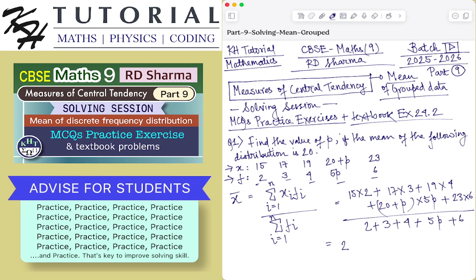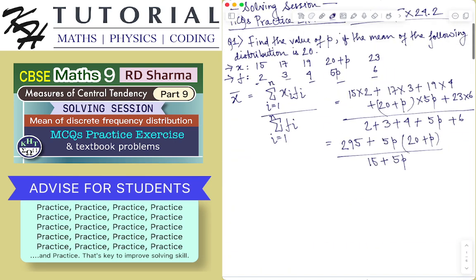So I have 295 plus 5p multiplied by 20 plus p, and whole divided by, in the denominator, we have 15 plus 5p. Okay, so we have this.